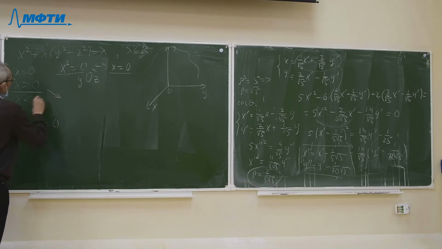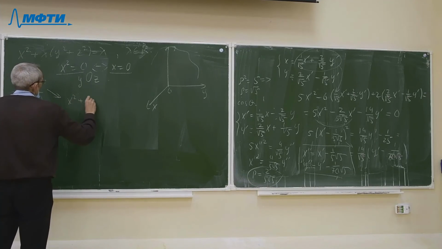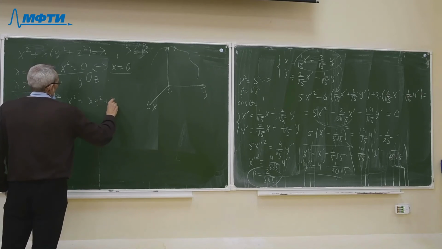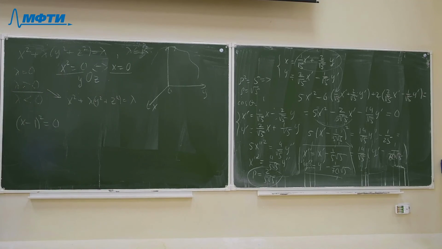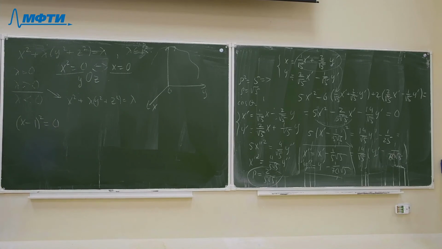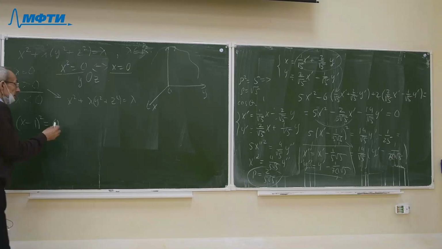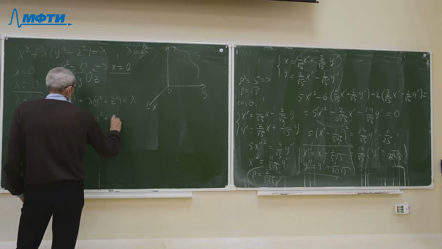Second case, lambda greater than 0. What do we obtain in this case? X squared plus lambda y squared plus z squared is equal to lambda. Lambda is greater than 0, so let's divide by lambda, and we obtain x squared divided by lambda plus y squared plus z squared is equal to 1.